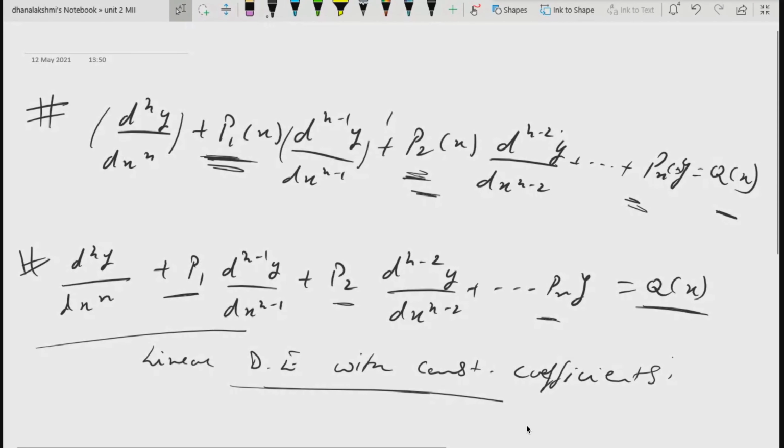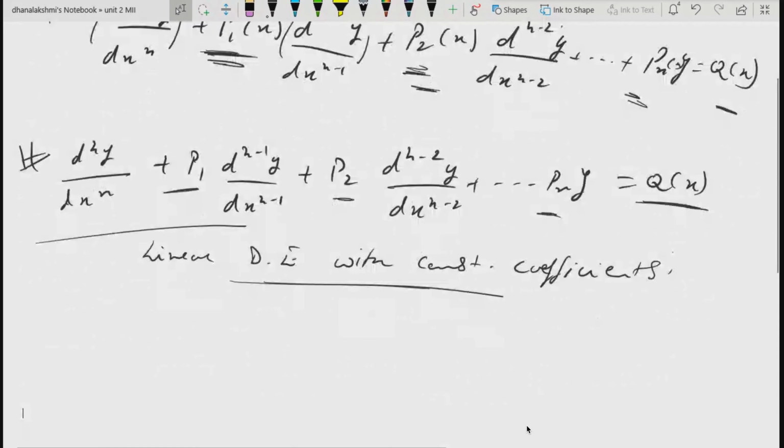Okay, so now we have to solve this kind of problems where you have a linear differential equation with constant coefficients. To solve this one, you should know about this theorem. Of course, we are not going to prove this theorem, just the statement.